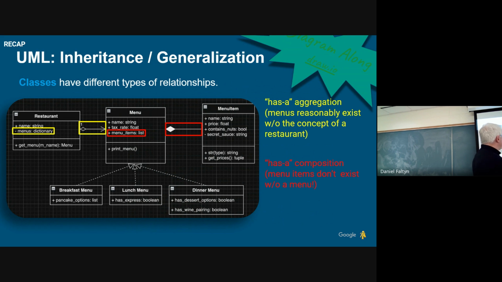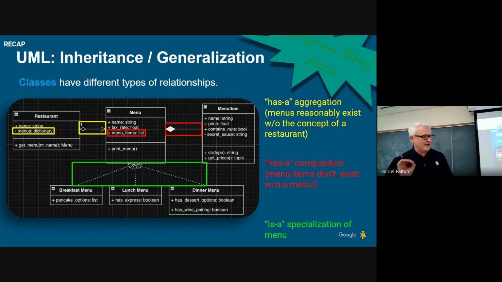The difference is a menu item, its name even tells you, it really can't exist in a vacuum without the concept of a menu, right? So there we would say that that's a composition. A menu is composed of menu items. Versus aggregation, a restaurant has menus. Menus can exist without a restaurant. A restaurant has a lot of other features besides the menu.